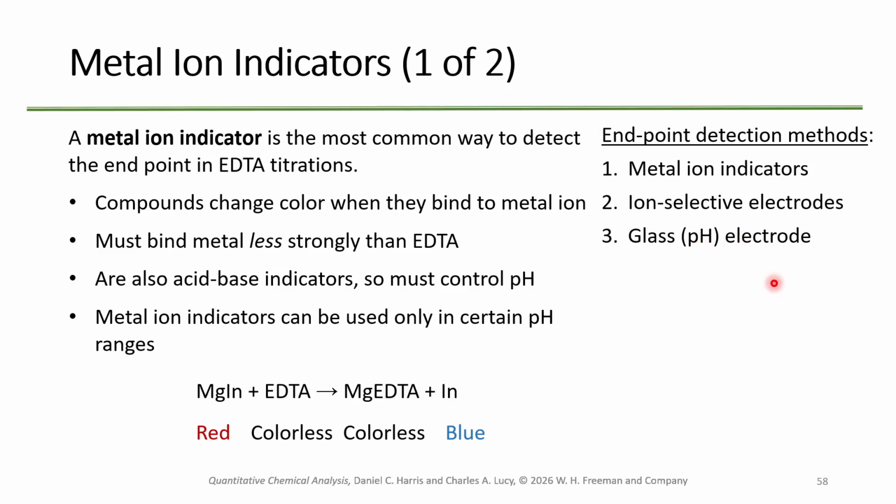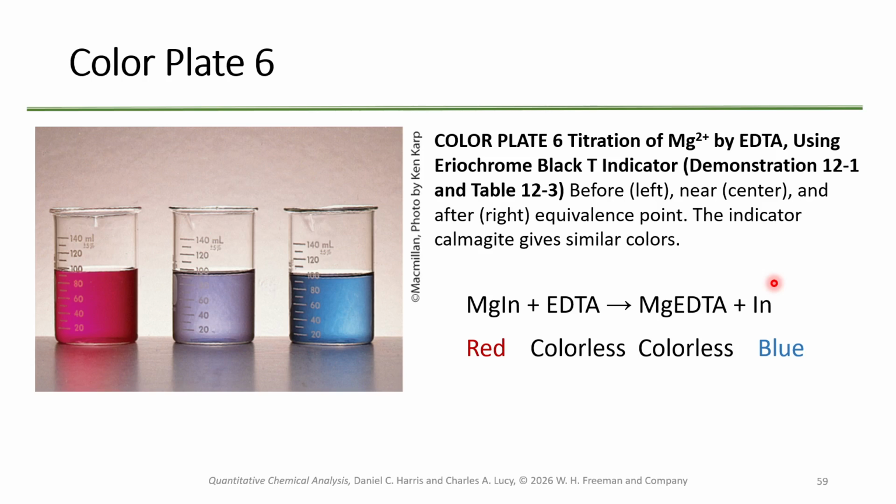You can also use a glass pH electrode as well. It works similarly. So this right here is going to be an example of this. We have magnesium. And so this is going to be a titration of magnesium. In this case, we're going to use Eriochrome Black T as our indicator. And so here near the endpoint, we're going to be this purple color.